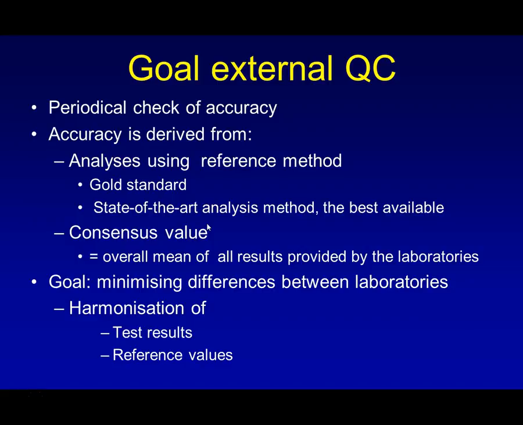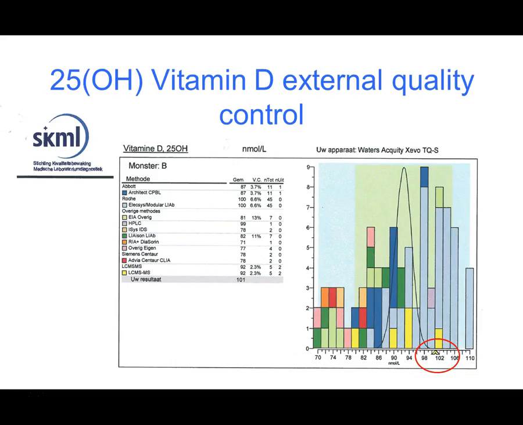So it leads to harmonization of test results and, as a consequence of that, reference values. In this example we see the result of the vitamin D, 25-hydroxyvitamin D external quality controls for different laboratories in the Netherlands. This is performed by the SKML, the Stichting Kwaliteitsbewaking Medische Laboratoriumdiagnostiek.